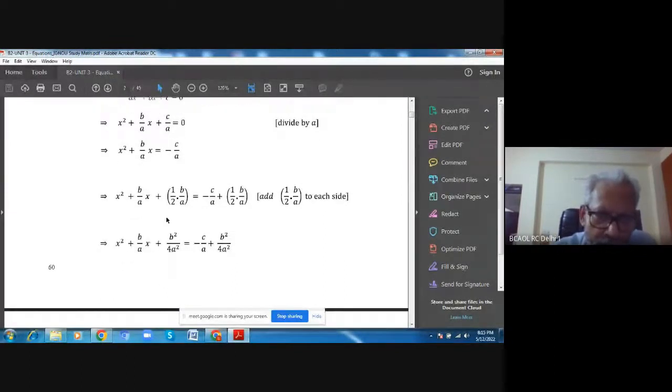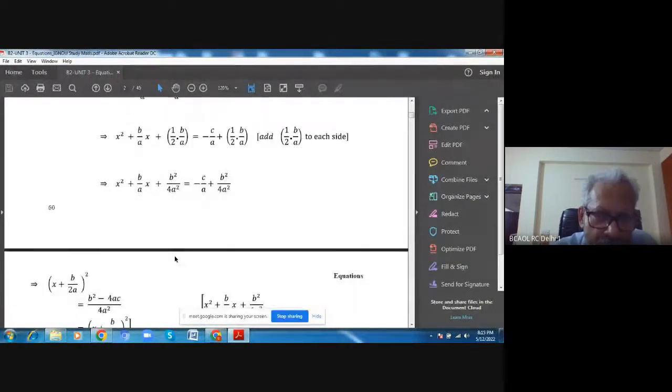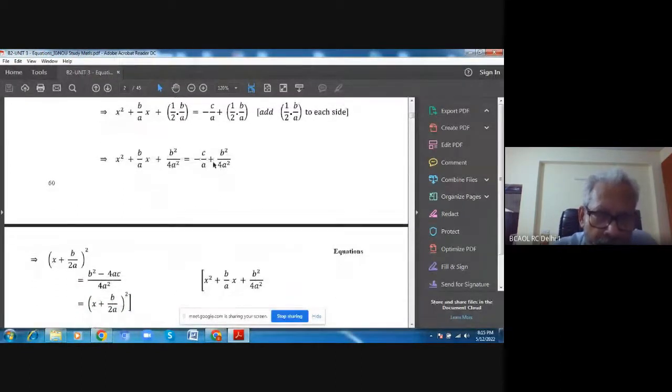So on both sides you have to add it and square it. I don't know, it may be a printing mistake or something. Squaring they have not shown, but here the squaring is shown. Then this portion we can write this way.